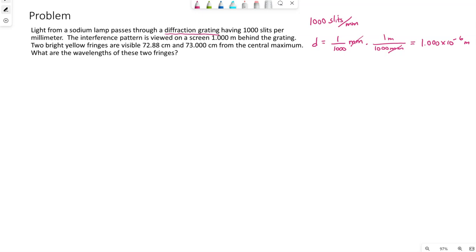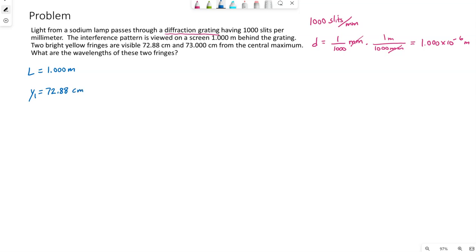All right, so as far as the rest of the wording here, the interference pattern is viewed on a screen. That's the L. The screen distance from the slits is L. We're seeing 2 bright yellow fringes. Since these are fringes, these are both a y1.